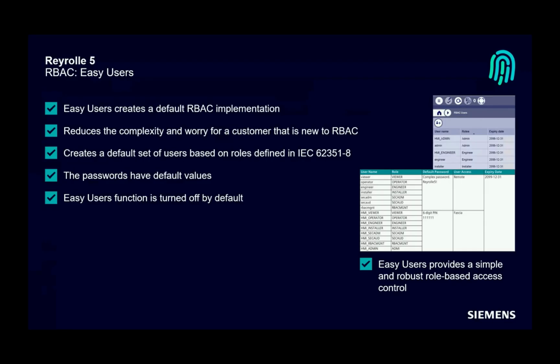The passwords and PINs have default values, and it is recommended to change them when using the Easy Users function. The Easy Users function is turned off by default, and the users will not be created until the function is enabled. So Easy Users can be used where a simple but robust role-based access control is required.